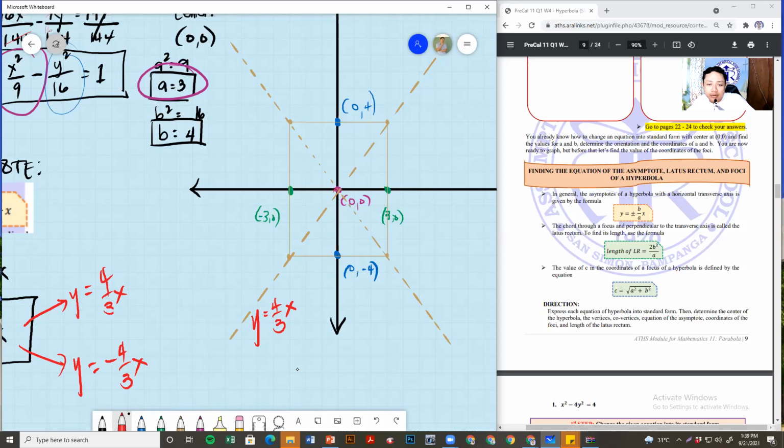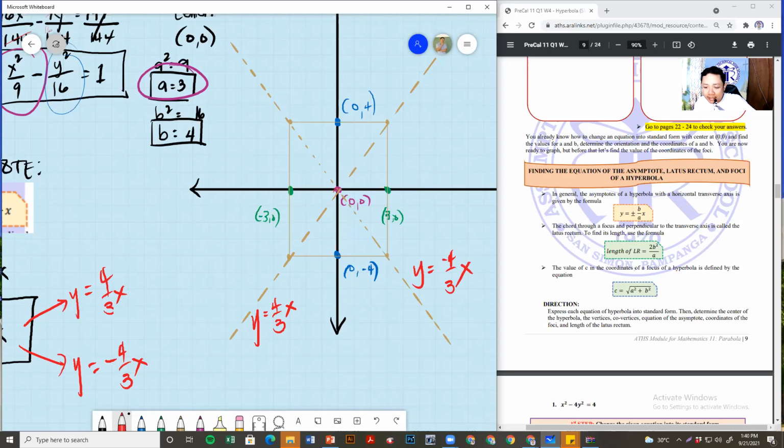So from here, let's count 4 steps down. Ready? 1, 2, 3, 4. That's negative 4, because it's negative, it's going down. And then from here, it's 3. It's going to the right. So that's 1, 2, 3. That's positive 3. So therefore, we can say that this is y is equal to negative 4/3x. And that's how we identify the equation of the asymptotes.